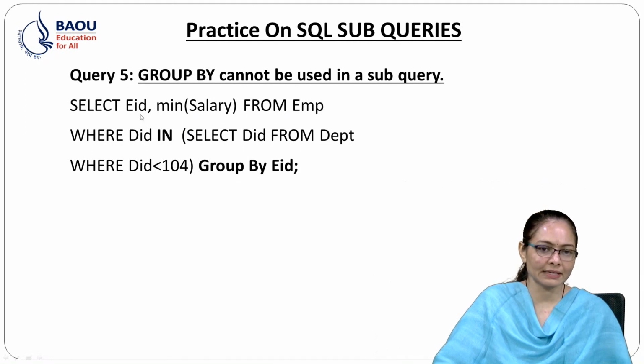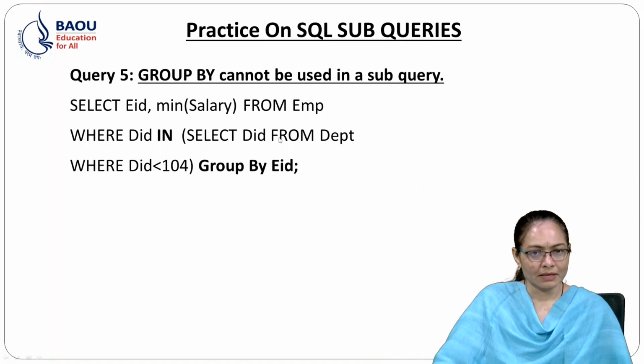Outer query: select EID, min salary from employee where DID in, in the bracket, this one is the inner query. From the department table, department ID is less than 104. When this condition is matched, the DID is fetched, and this DID is matched with the outer query.